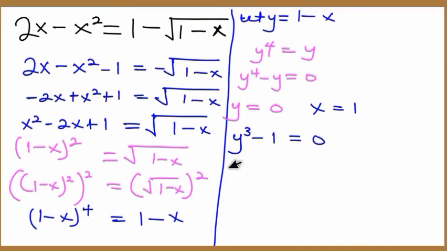Now by the factor theorem, we know that we will have y minus 1 multiplying my y to the power 2 plus y plus 1, bracket close, all equals 0. So obviously my y will be 1. So y equals 1.